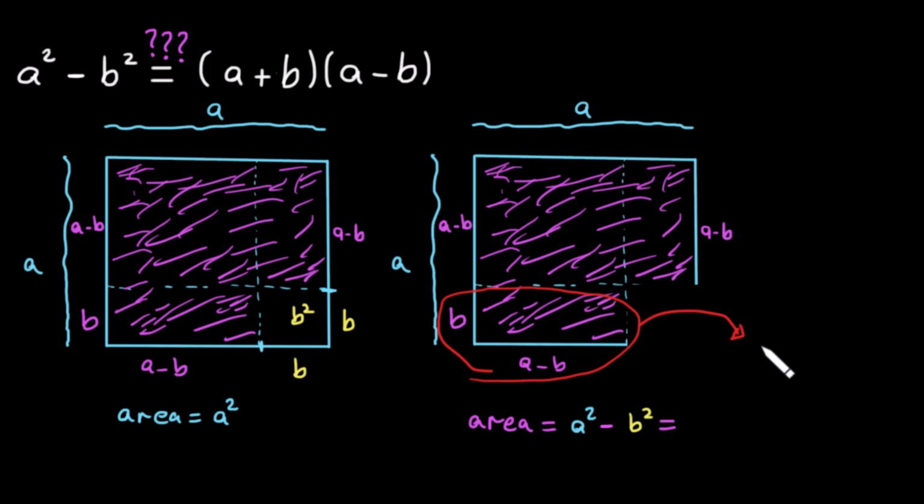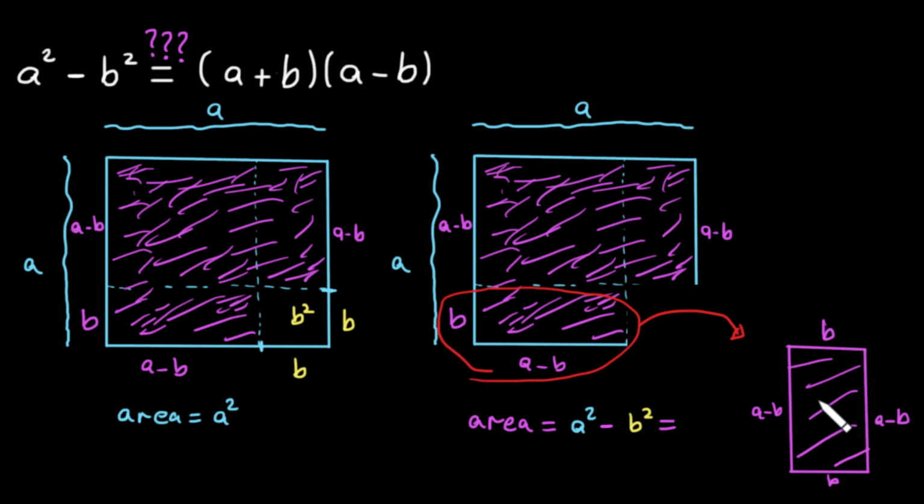I will illustrate this in a moment. Here, this side I just rotate, so here it will be a minus b, and this side is b, and of course I will make the rectangle. So here is b, and here a minus b. This rectangle which I just rotated, I want to put here.